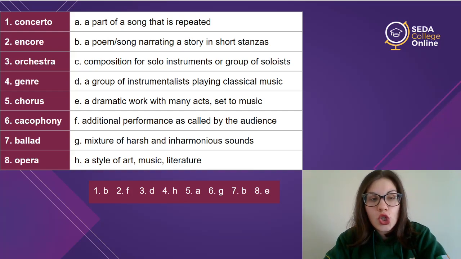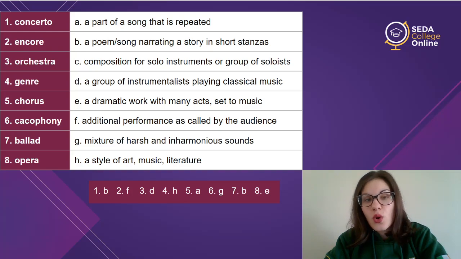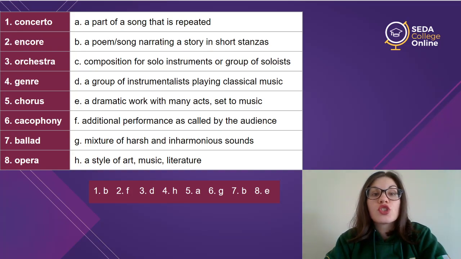What is a concerto? Is a poem or a song narrating a story. No, sorry, that's not a concerto. My answer here is wrong. It's C. It's a composition for solo instruments or group of soloists. Okay, that's a concerto. Encore.